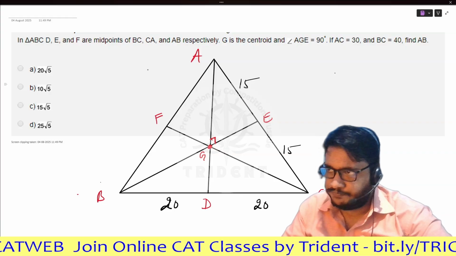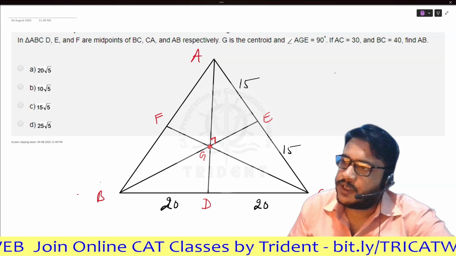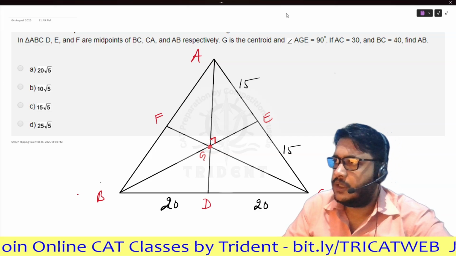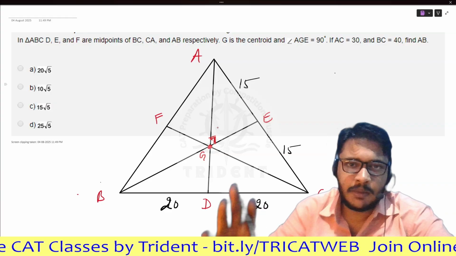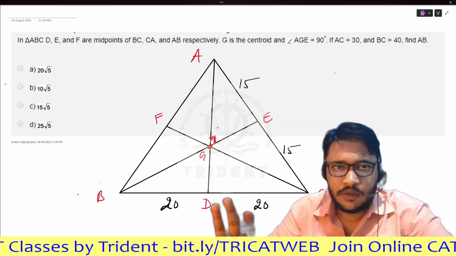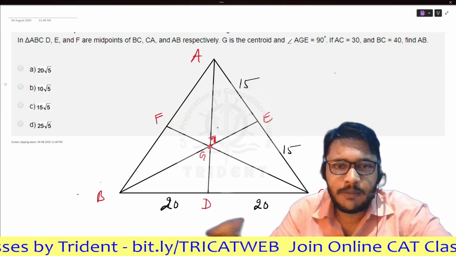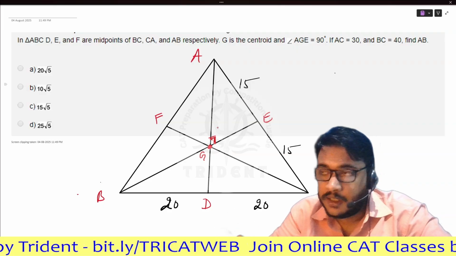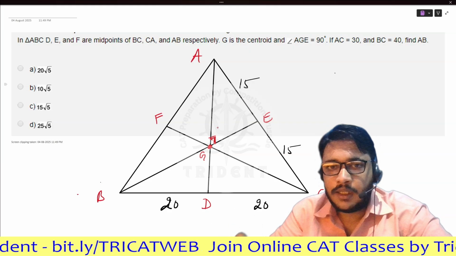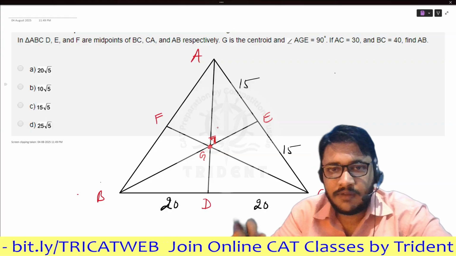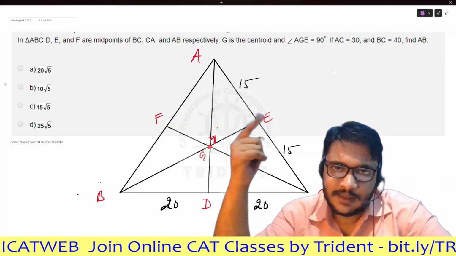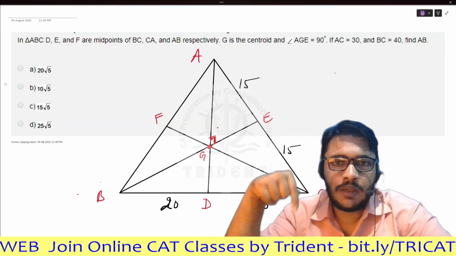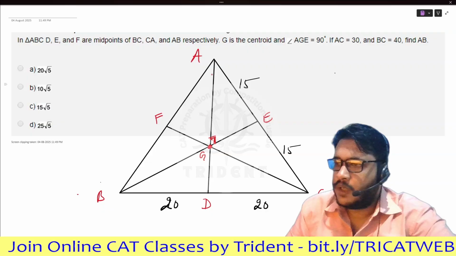Okay. How do we find the AB length? 90 degree means some amount of Pythagoras theorem or Pythagorean triplets will come into the picture. Hope that is clear. Also, the centroid has a very interesting property in a triangle. It divides the median in the ratio 2:1. Two parts towards the vertex and one part towards the base.